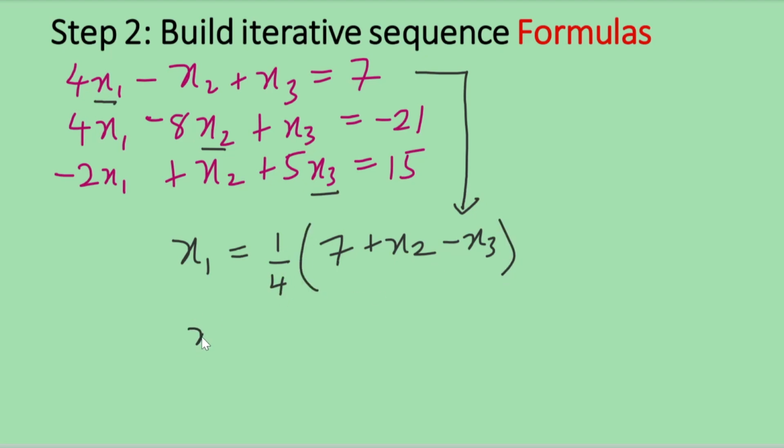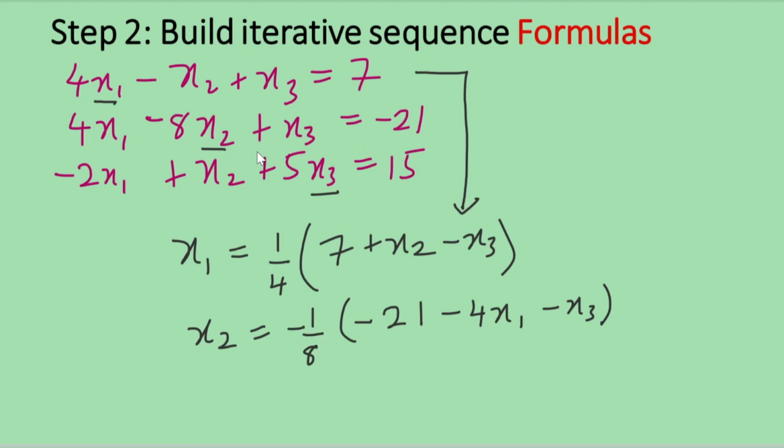And x2 from the second row now becomes negative 21 minus 4x1 minus x3 divided by negative 8, or multiplied by negative 1 over 8.